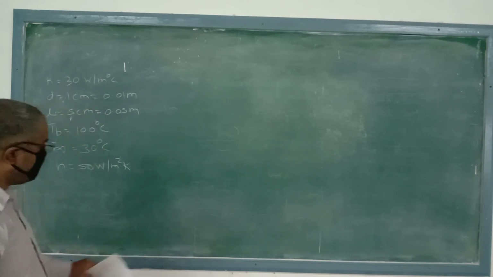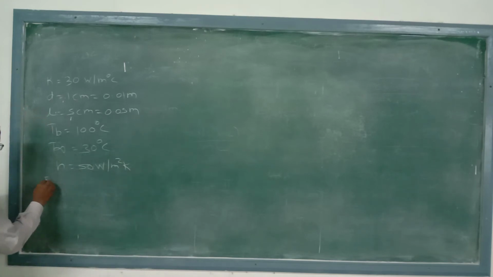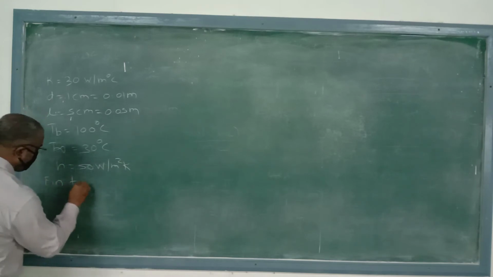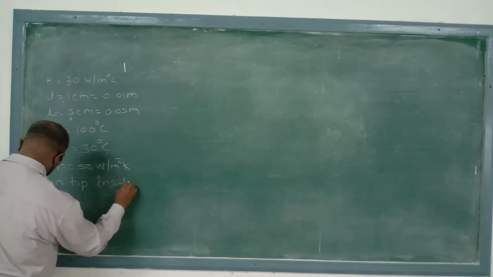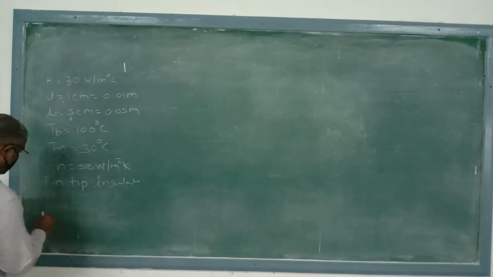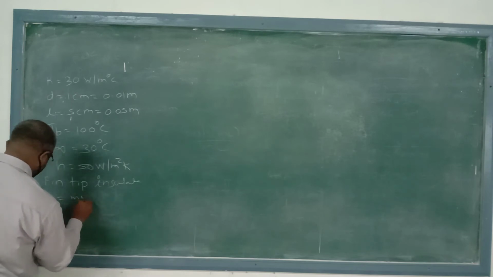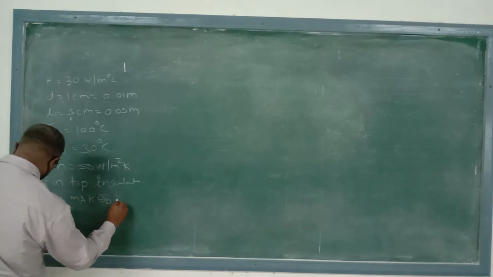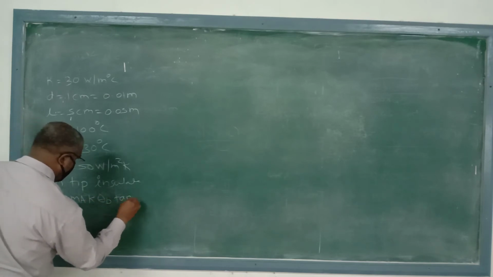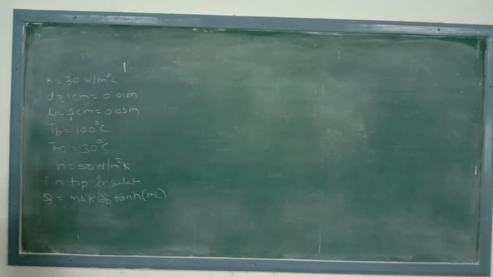So for calculating when the fin tip is insulated, we have the formula Q is equal to m A k theta_B tanh(mL).